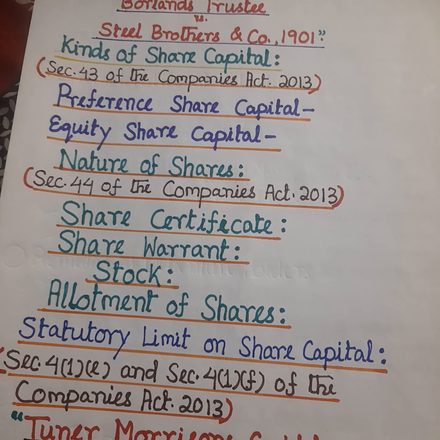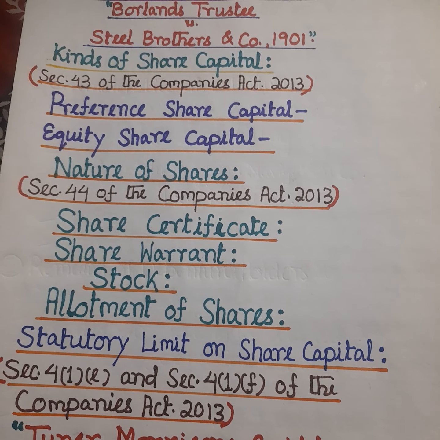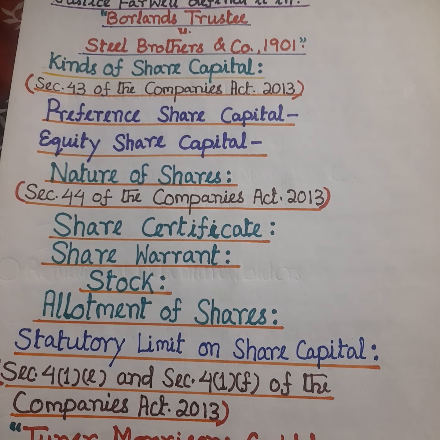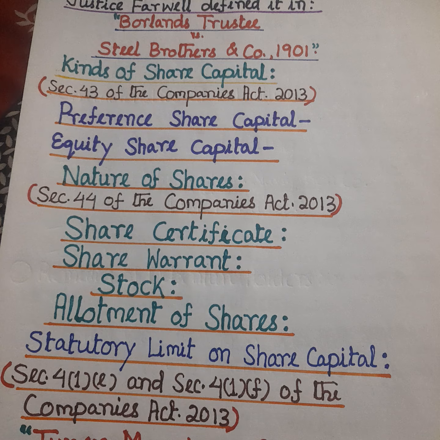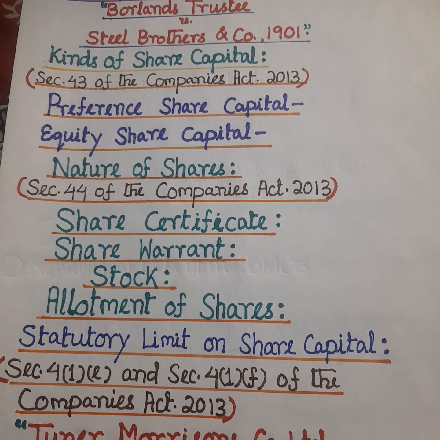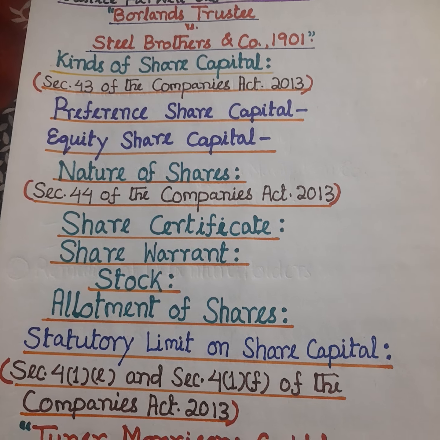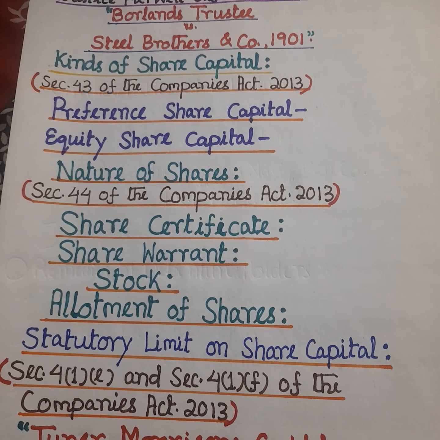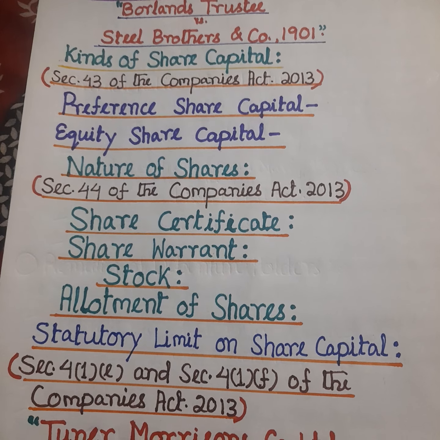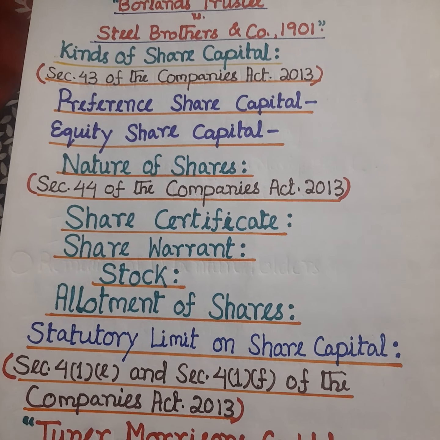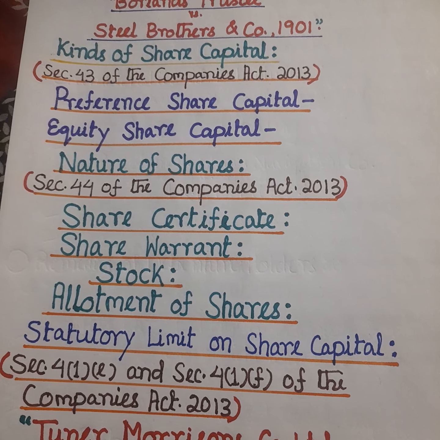Section 44 provides that the shares or other interest of any member in a company shall be movable property, transferable in the manner provided by the articles of association of that company.